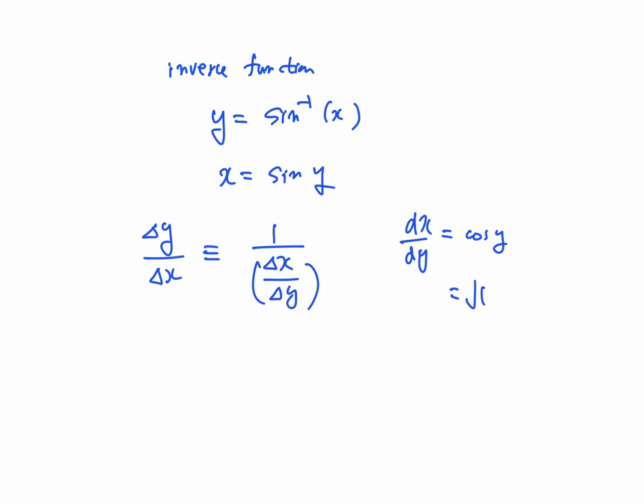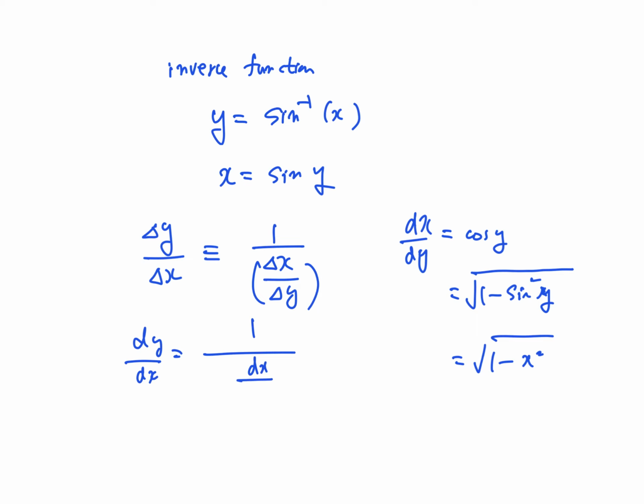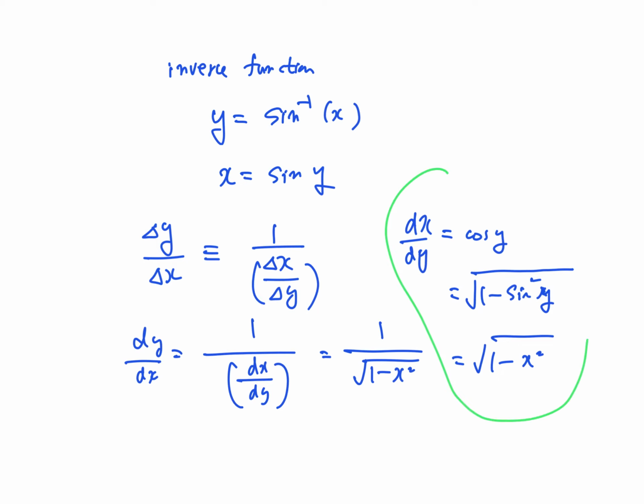This is 1 over the square root of 1 minus sin squared y, which is the square root of 1 minus x squared. So dy/dx is 1 over the square root of 1 minus x squared.